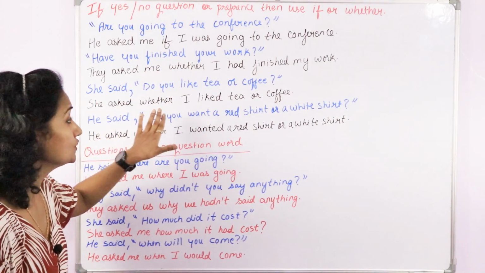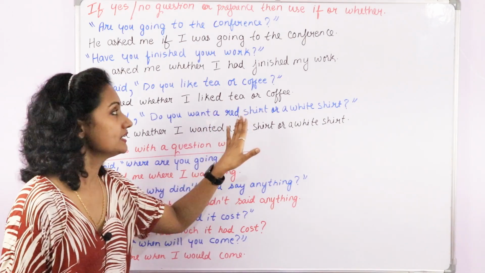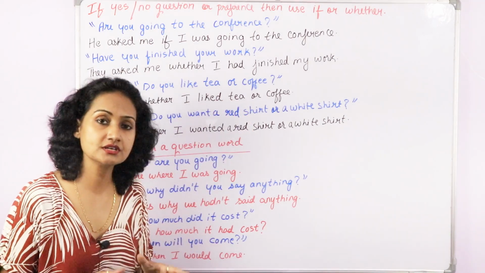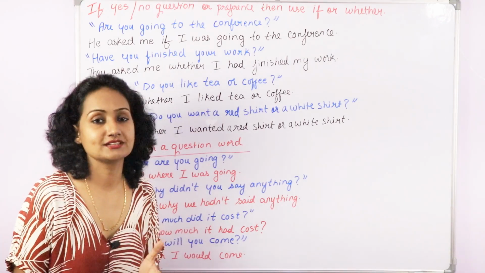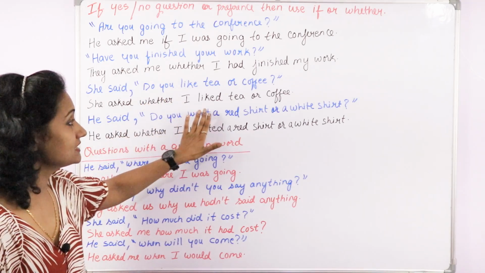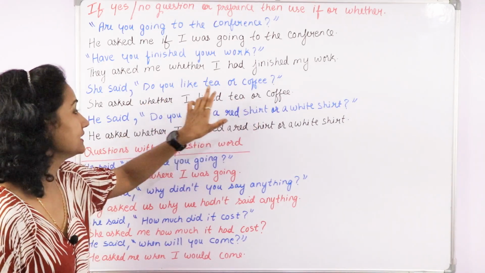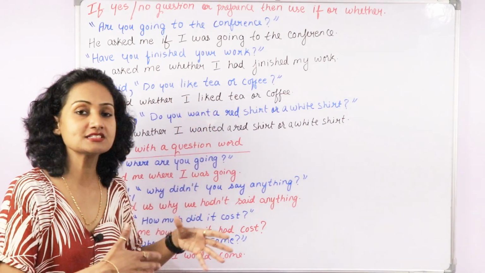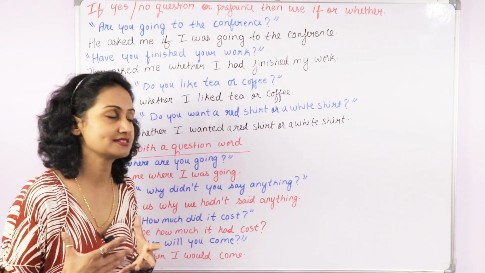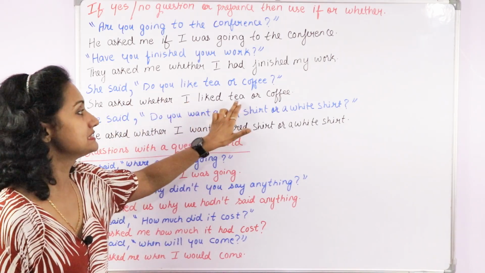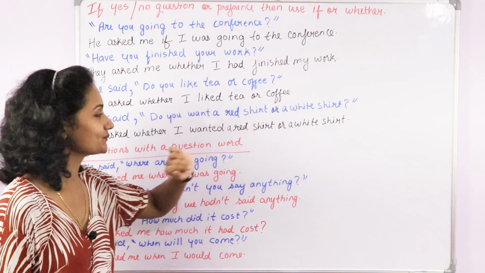She said, "Do you like tea or coffee?" So here it's a choice, it's a preference, tea or coffee. So here you will use whether. She asked whether I liked tea or coffee. So do you like tea or coffee? This is present simple. Present simple will change into past simple. So she asked whether I liked tea or coffee.